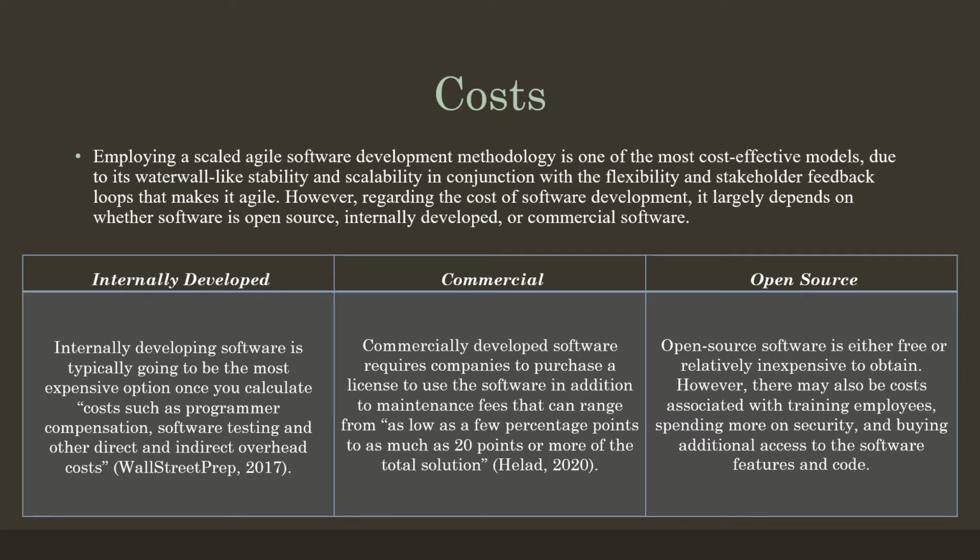But at the same time, it's still going to cost. We have to purchase the license. We have to pay the maintenance fees. We have to negotiate contracts, and that's expensive, right? So looking at costs, this is the second most expensive option.